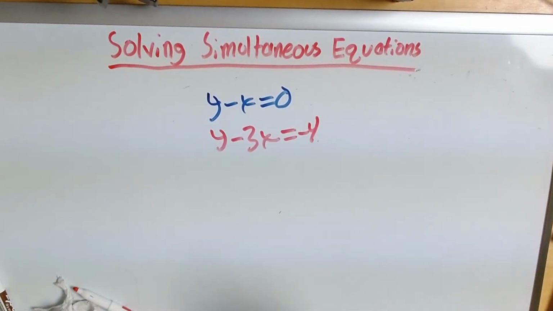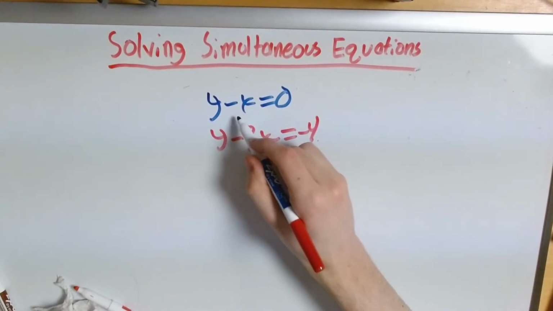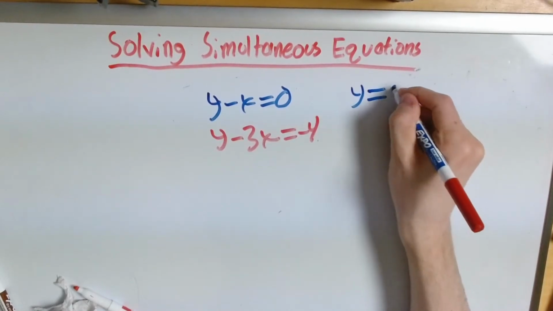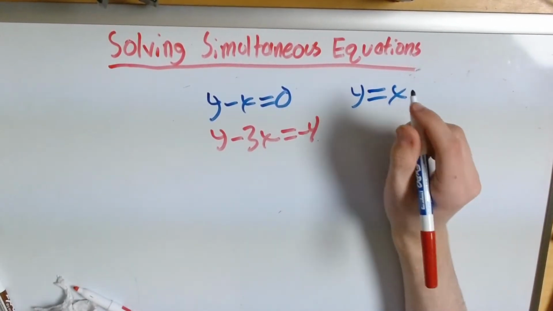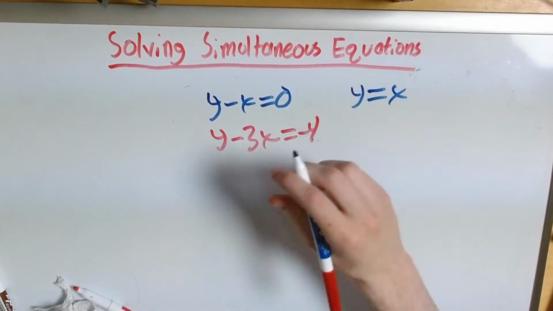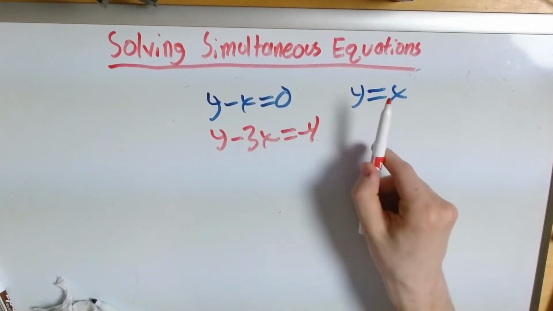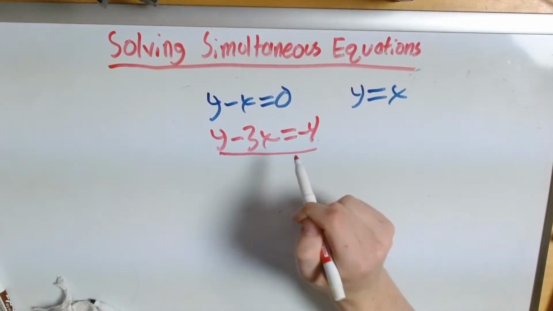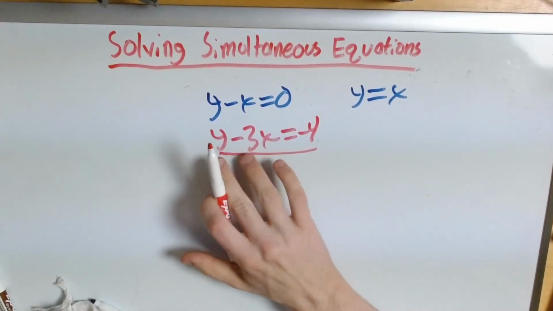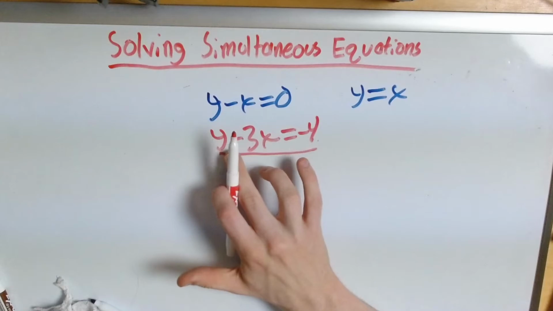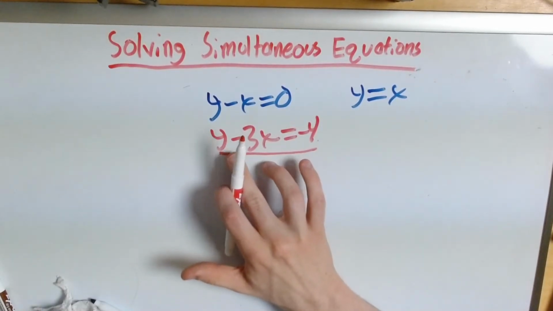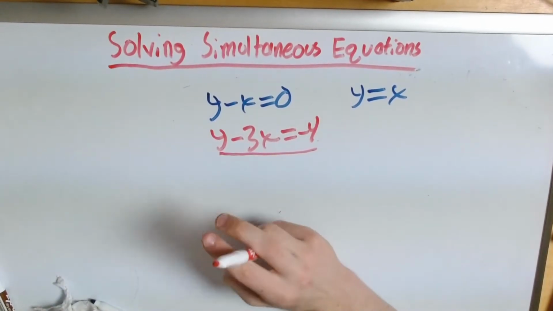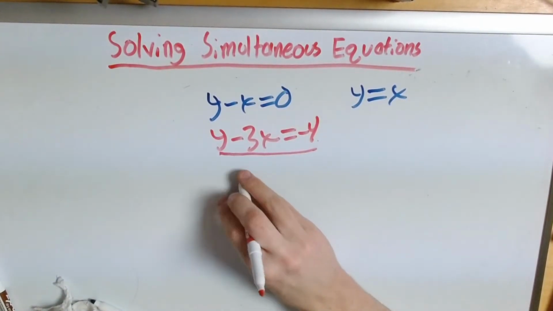But I do see that if I add x to both sides of this equation, I'll just have y equal x. And I notice if I were to substitute y in for x in this equation, I have just terms full of x's on one side, and then a number on the other side. That means I could solve for x.